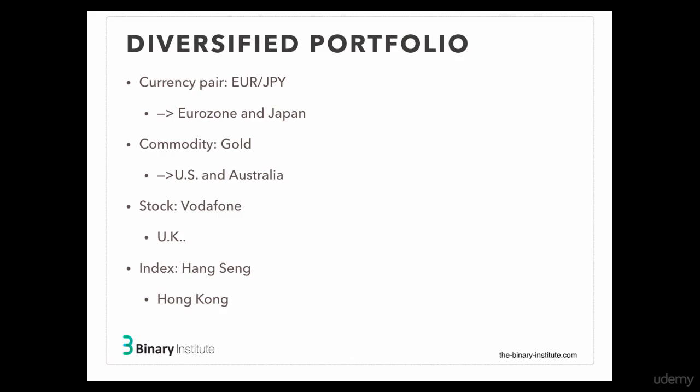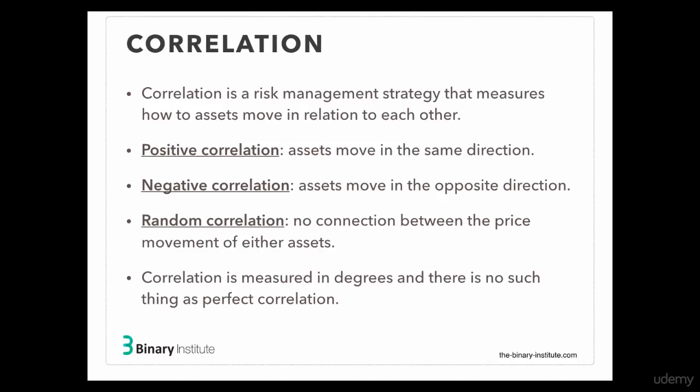Another money management strategy that's important for you to be aware of is called correlation. Now, correlation works very well in combination with diversification, and it's very simple to understand. Essentially, correlation is a tool that we use to measure how two assets move in relationship to each other. When we discuss correlation, we're usually talking about one of three types of correlation.